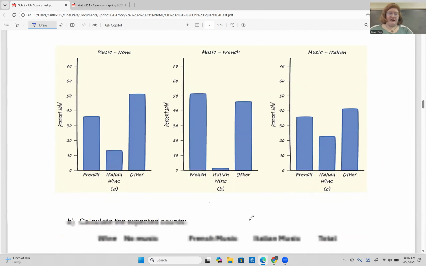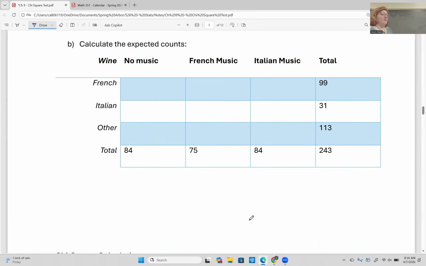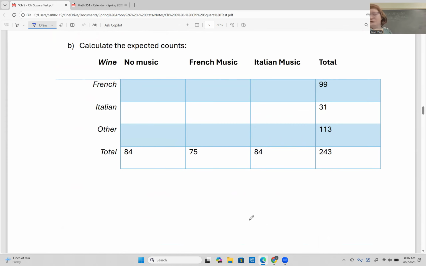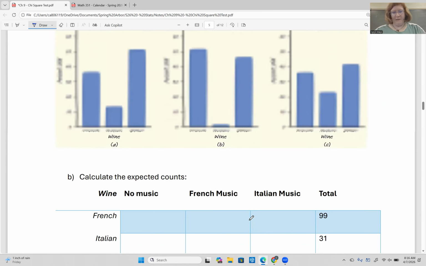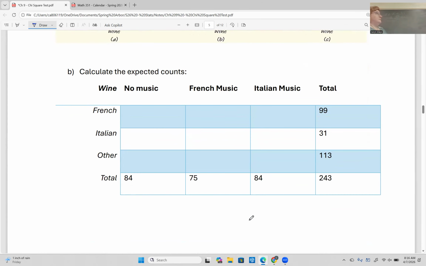So now let's actually run our chi-square test. We need to calculate expected counts. We have the important information here, and we gave the formula.